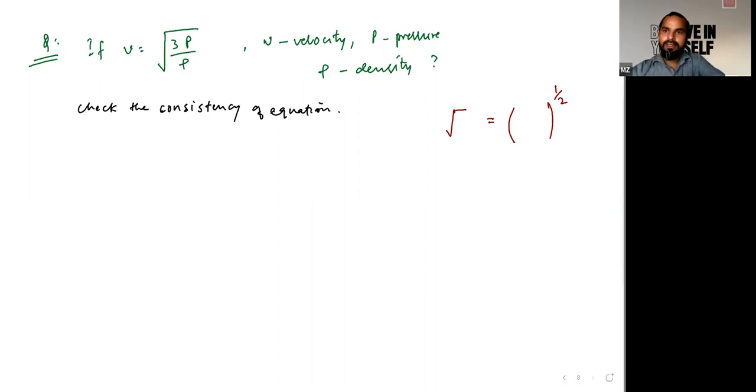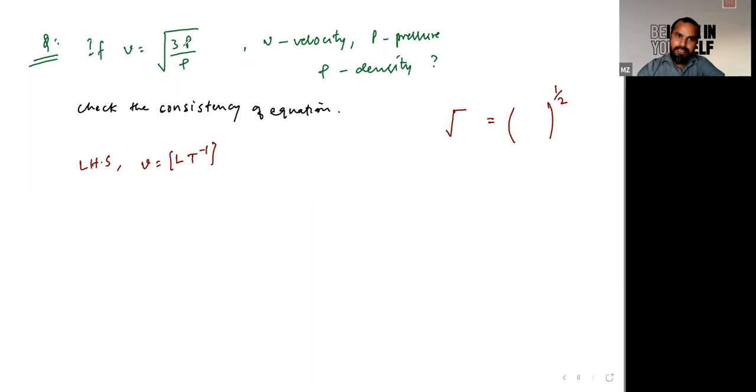Okay, just see how this would be done. We have velocity on the left hand side, so LHS: v equals LT to the power -1, as we are aware of this dimension.